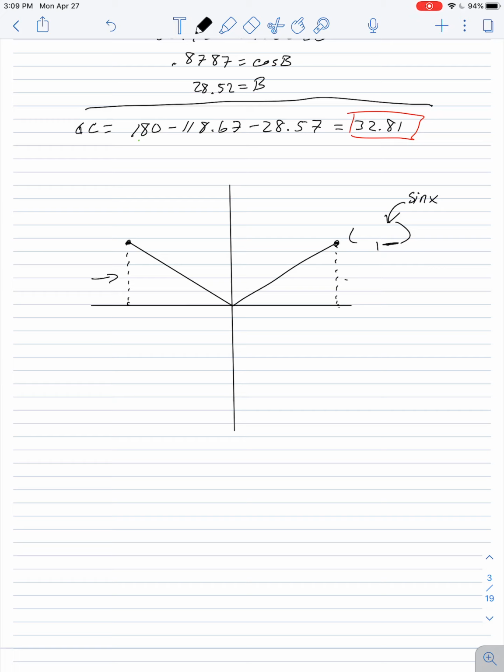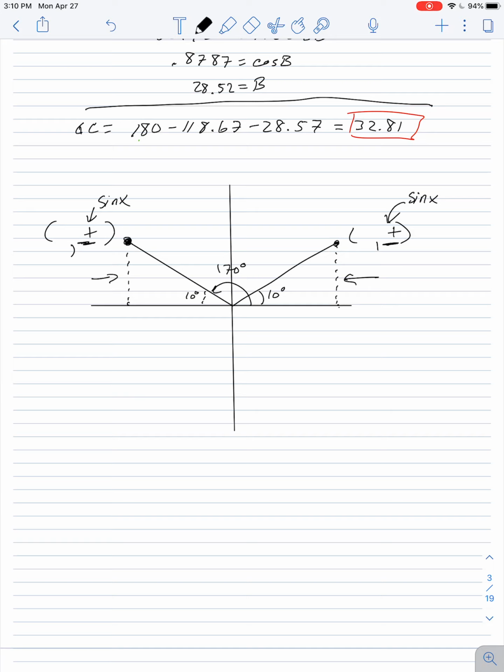This distance right here matches this distance, and so this coordinate also has the same y value. Because the y values are positive and positive here, they match exactly, which means that when your calculator gives you, say, 10 degrees right here, that means that you also could have 170 degrees, reference angle of 10.